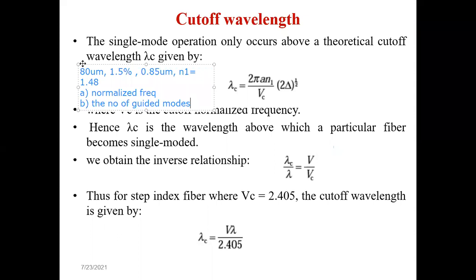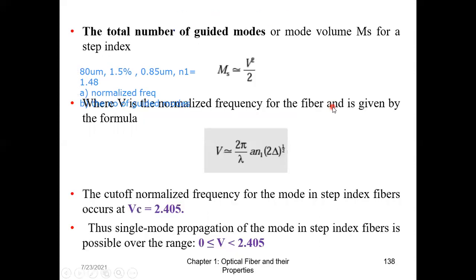You can start solving. So you have the formula of V, the normalized frequency. Remember, the diameter is given as 80 micrometer, and in the formula we have the radius.